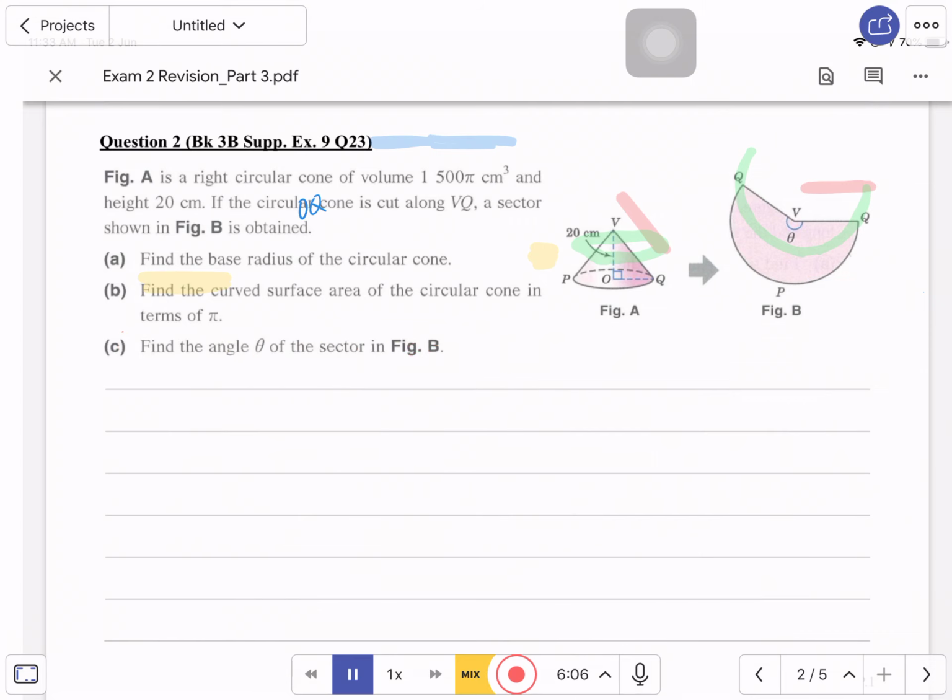In part C, we finally refer to the angle theta in the sector. We finally refer to figure B. And now let us put some information that we know in the previous parts. That is VQ equals 25 cm and the curved surface area, the 375 pi cm square that we get in part B, is the sector area.